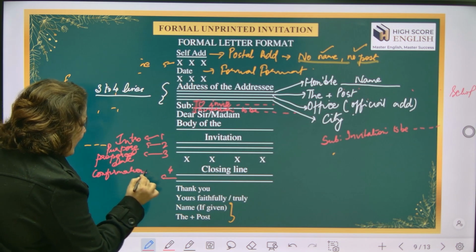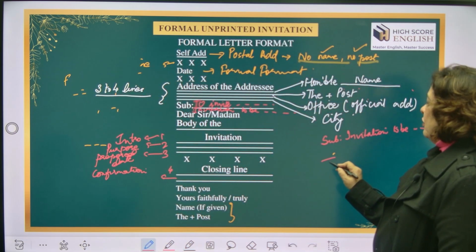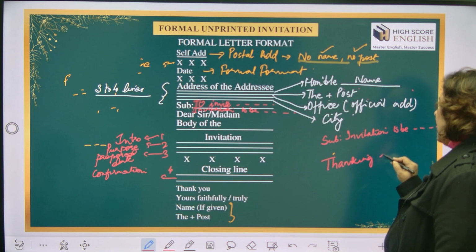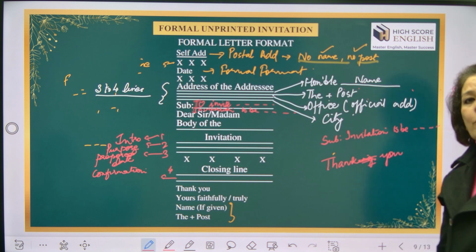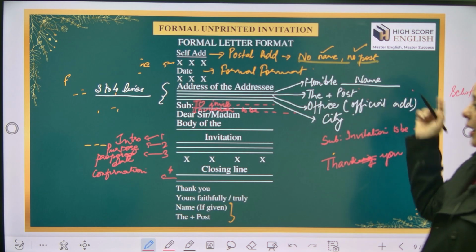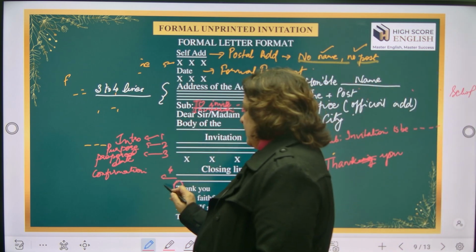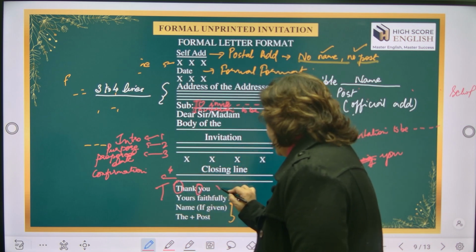It is just like any letter. After that, thank you. Earlier we were writing thanking you. Now thanking you has become obsolete. We don't write ing. We simply write thank you. Okay, and in thank you, keep in mind, T is always in uppercase, capital, and Y is always in lower case. Fine?